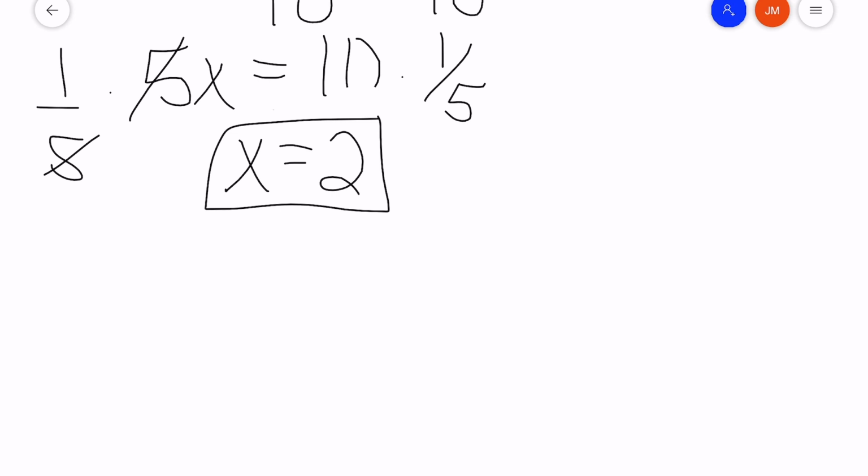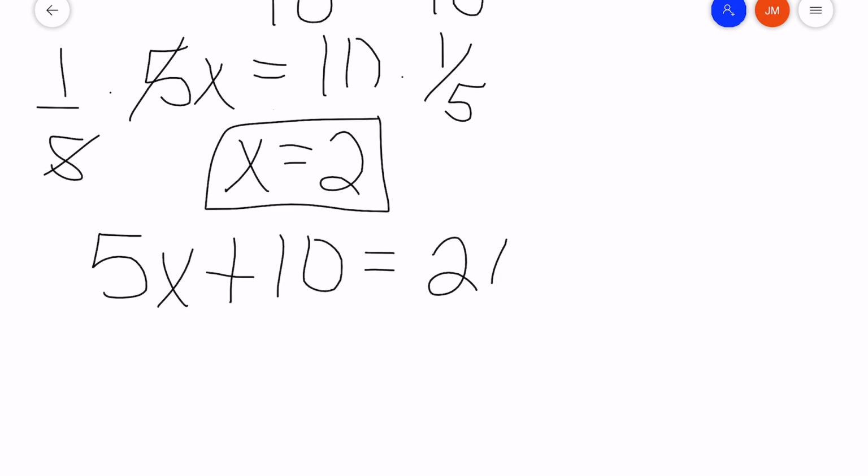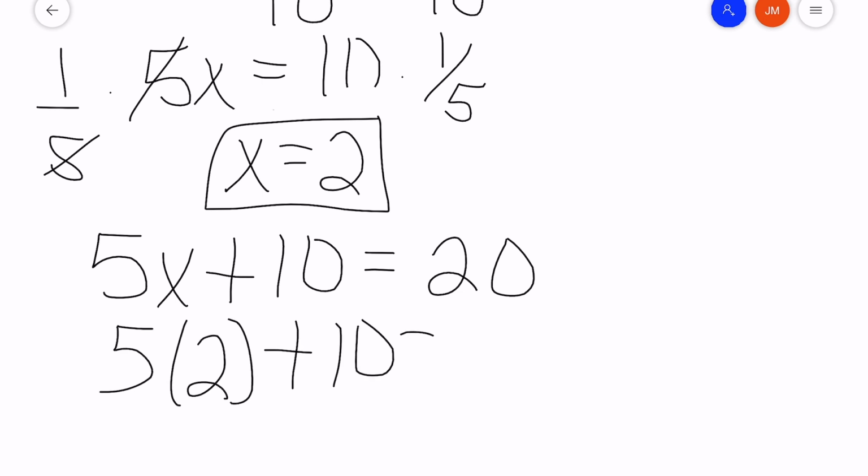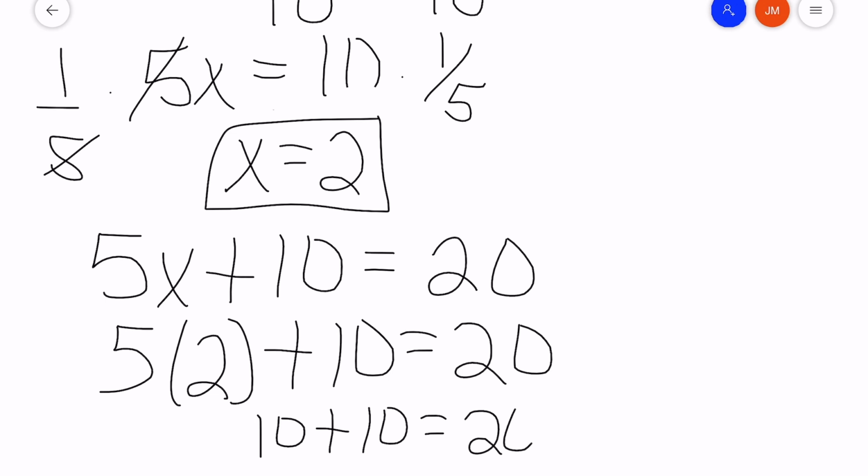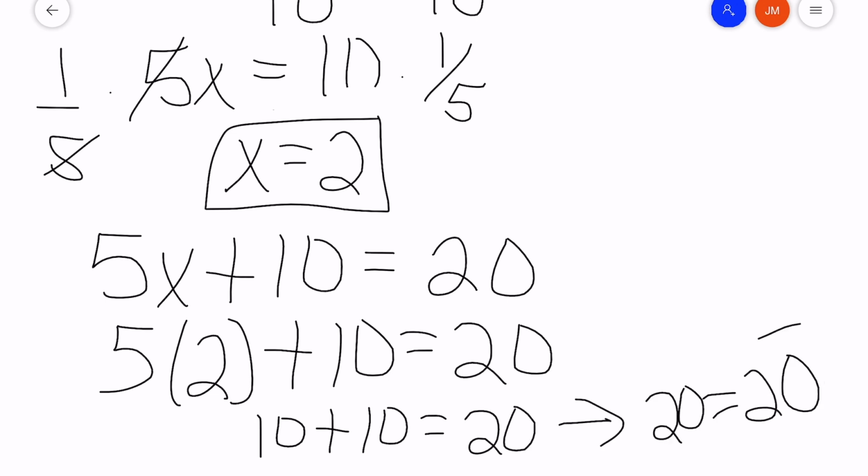And if we plug x back into the original equation, which was 5x plus 10 equals 20, we'll go 5 times 2 plus 10 equals 20. This simplifies to 10 plus 10 equals 20, and that's correct. That gives us 20 equals 20.